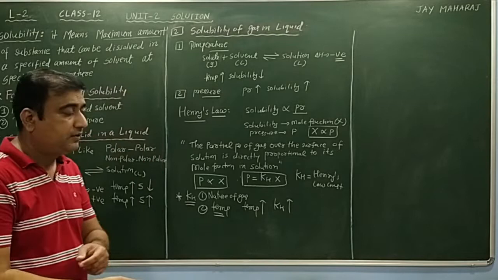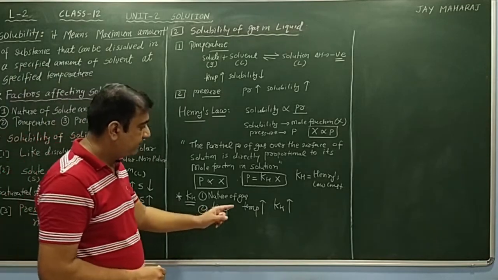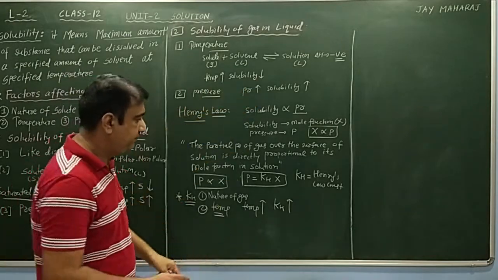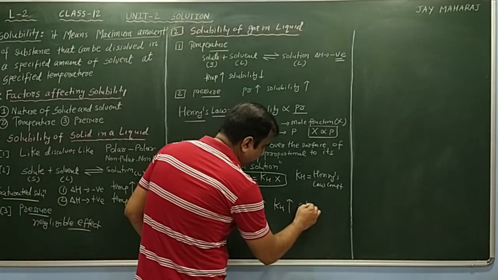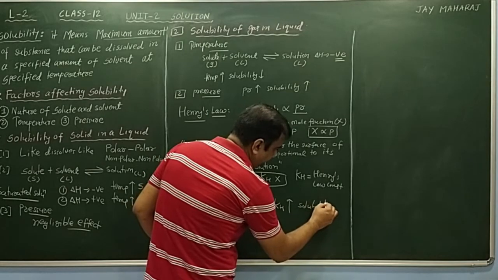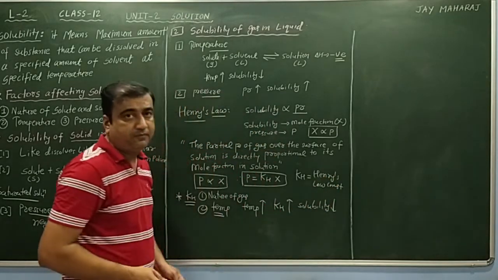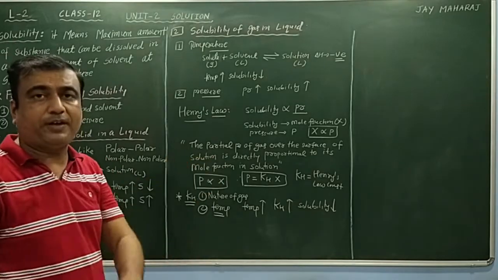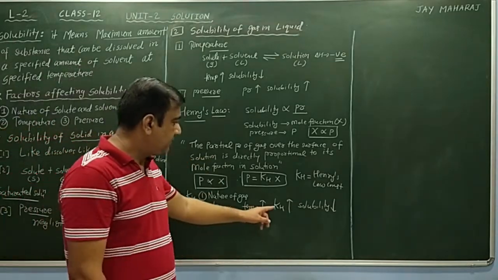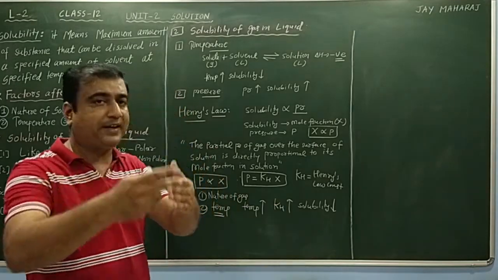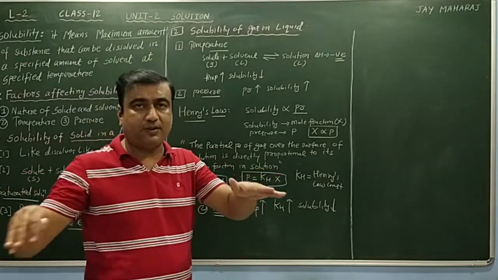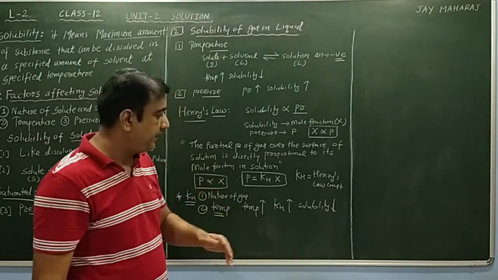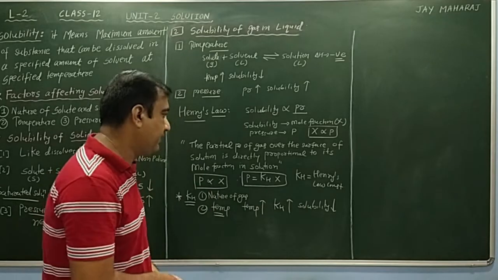Now we know that when the solute is in gaseous form, as temperature increases, solubility decreases. That means at a particular temperature, if we have four gases, the gas having the higher value of KH has lower solubility, and the gas having the least value of KH has the highest solubility.